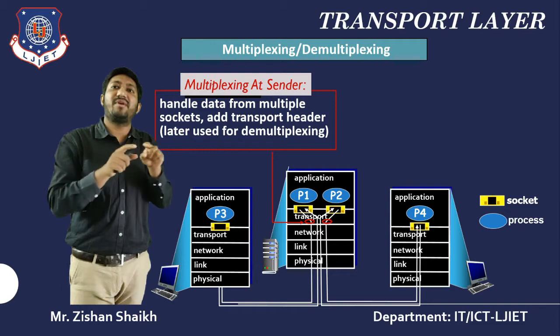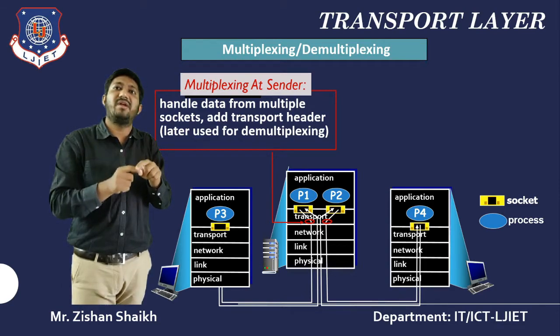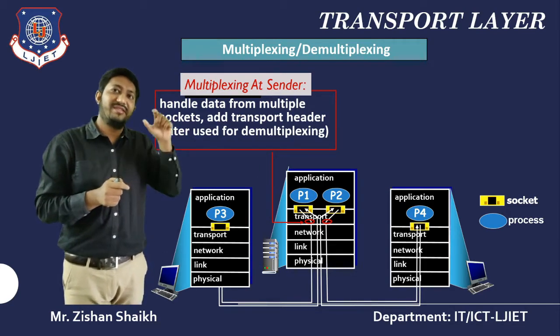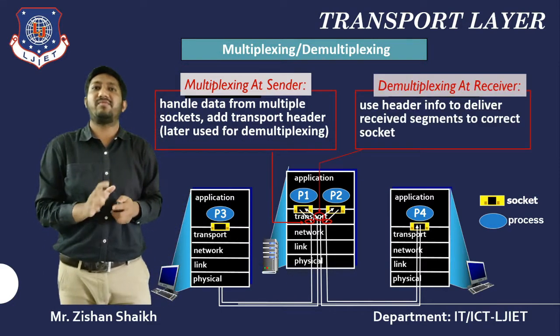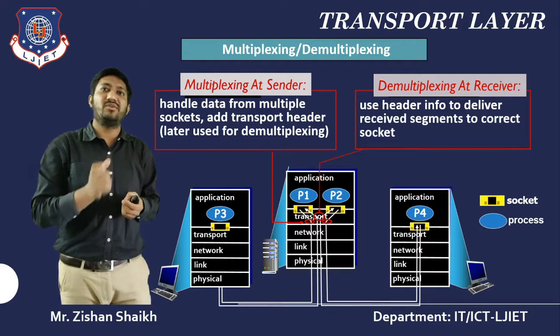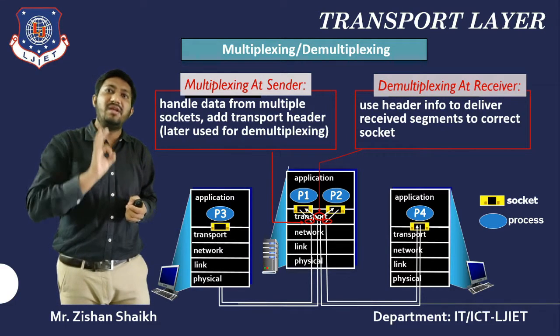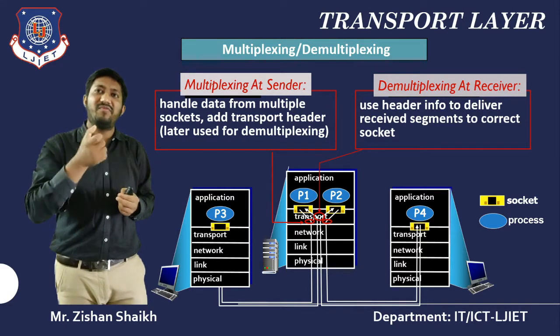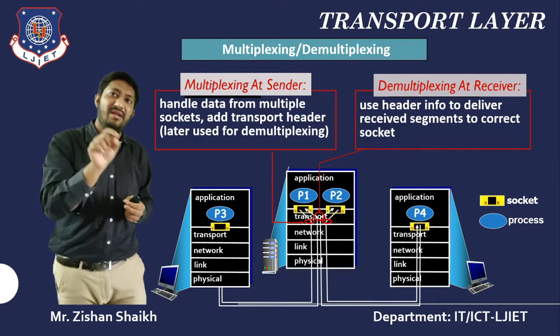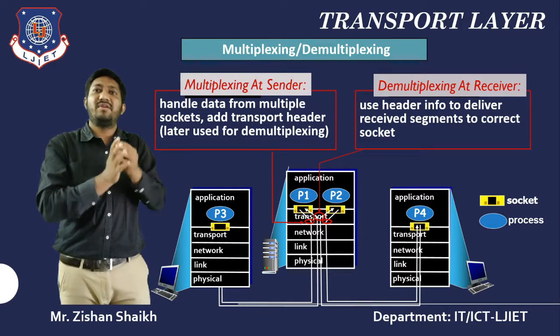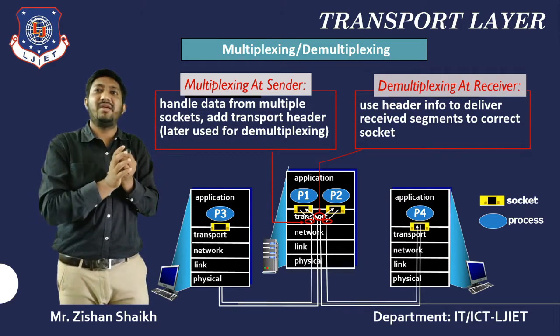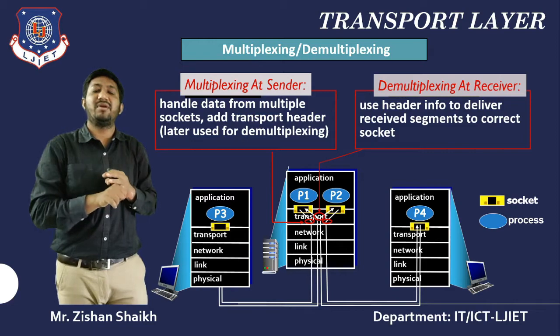This header of your transport layer is used at the receiver side too, for the purpose of demultiplexing. For which socket the data is being sent, the receiver side opens the envelope, checks this header and demultiplexes accordingly.